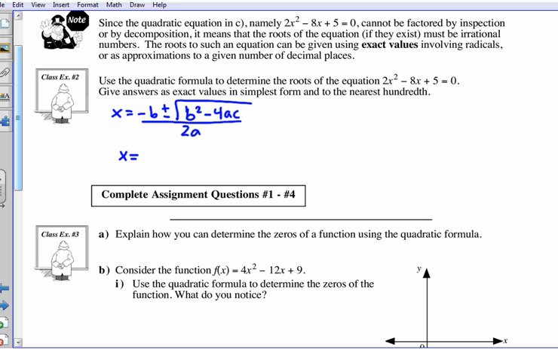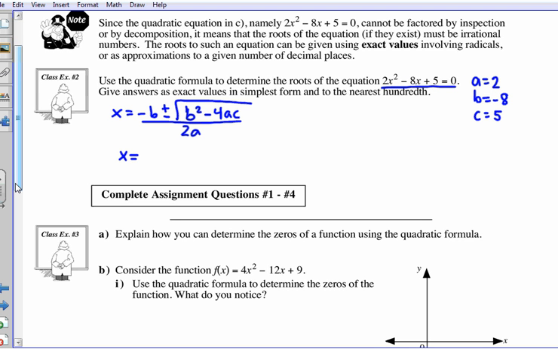Okay, so the question is, what's our a value? Let's write a, b, and c first. Looking at the equation, a is 2, b is negative 8, c is 5. Okay, so x equals negative b. So negative b, we can just plug it in as we see it.